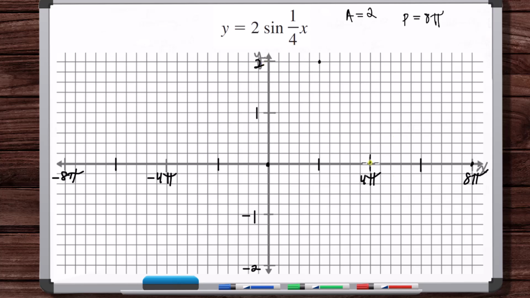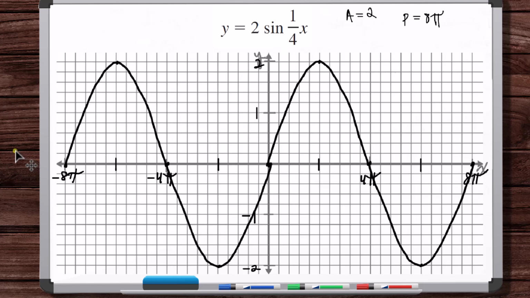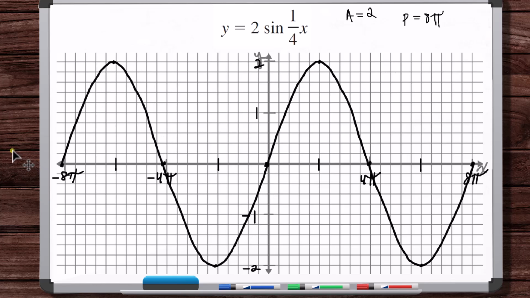Then we'll have an x-intercept here, and then a trough here. There we go.